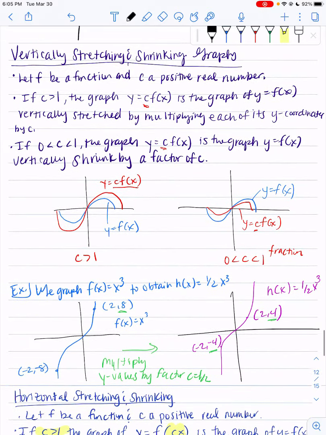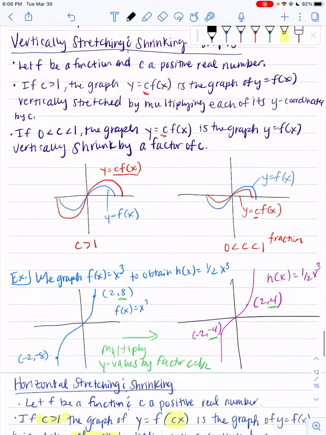Okay, now I'm going to go over vertically stretching and shrinking graphs. So let f be a function and c be a positive real number, or just c is greater than 0. I break it up into cases.